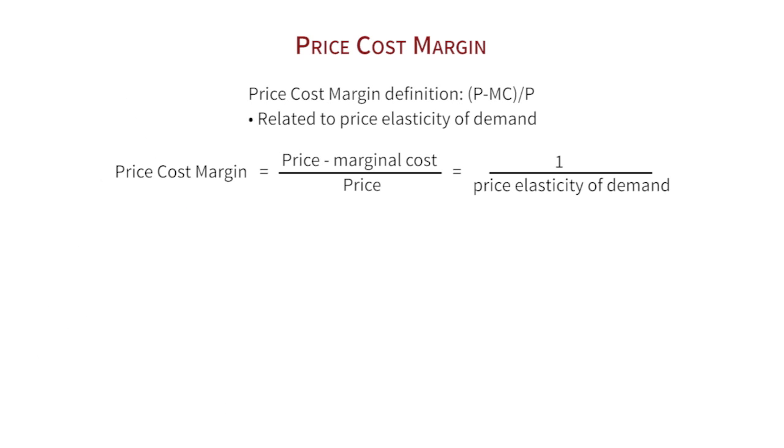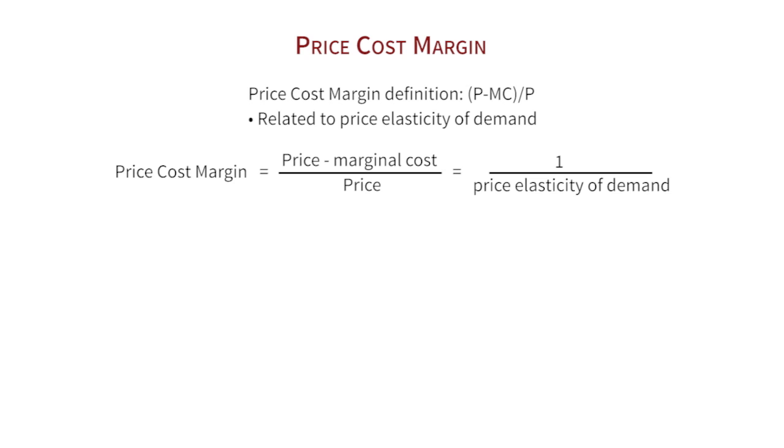So you can illustrate this a little bit numerically with a definition of the price-cost margin. Price-cost margin, by definition, is the difference between the price and marginal cost divided by the price. And of course, if the price is greater than the marginal cost, that represents the market power of the firm. In a purely competitive market, the price would equal marginal cost. There'd be no price-cost margin. This price-cost margin is related to the price elasticity of demand.